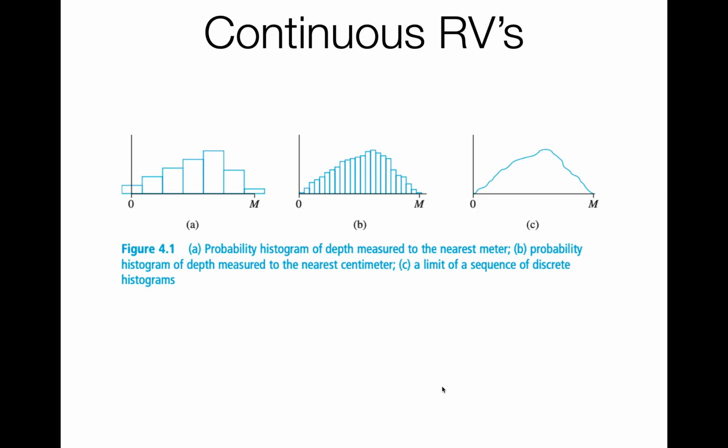Well, we can extend those lines and make histograms where each of the histogram bars is centered at that point. And so you'll see on the left side here, we've got a bar that's centered at 0, and then a bar centered at 1, 2, 3, 4, 5, and then all the way up to M.